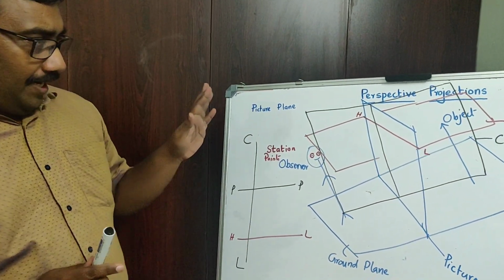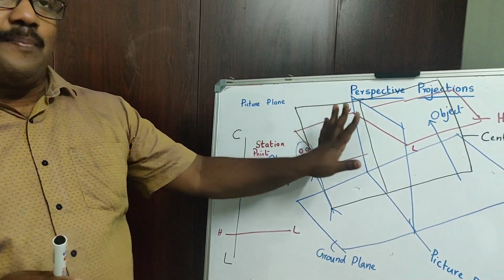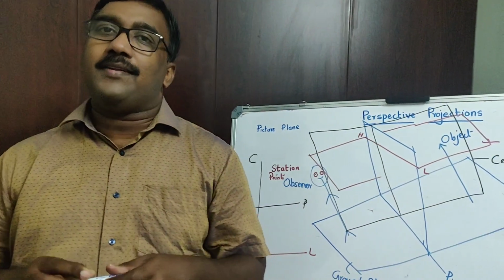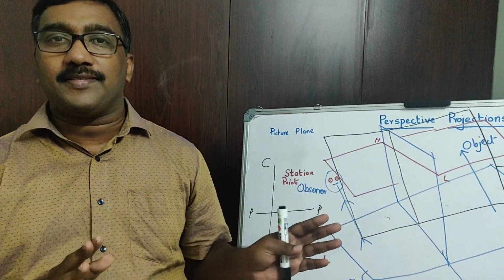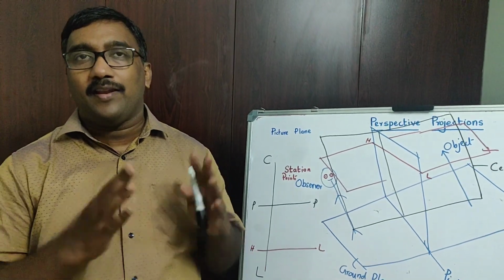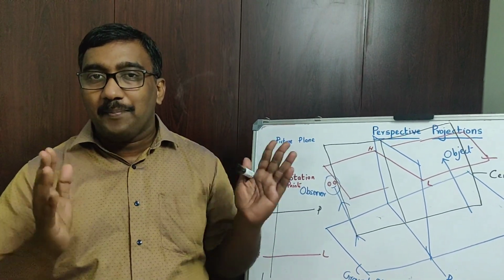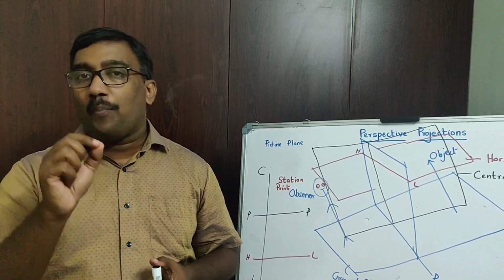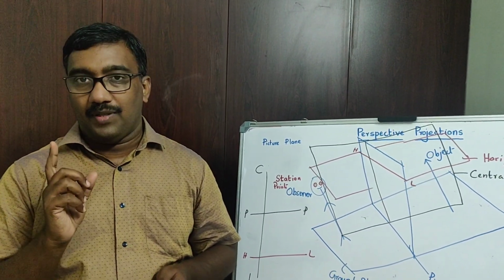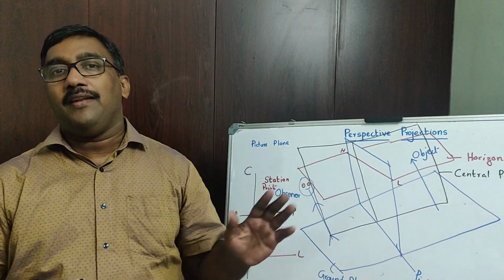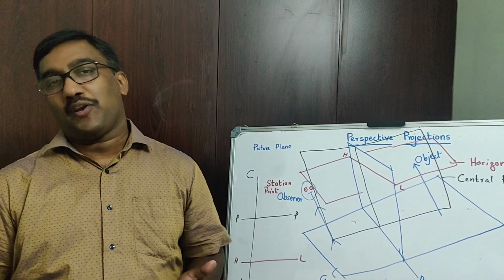Now, you got several planes, several lines. So you may get some confusion about all these things. How to draw this, then how to place the object, and all those things you may have some doubts in your mind. When we are doing the real problems, you will get a clear idea. But you practice the planes and lines, then some fundamentals may be clear to you.